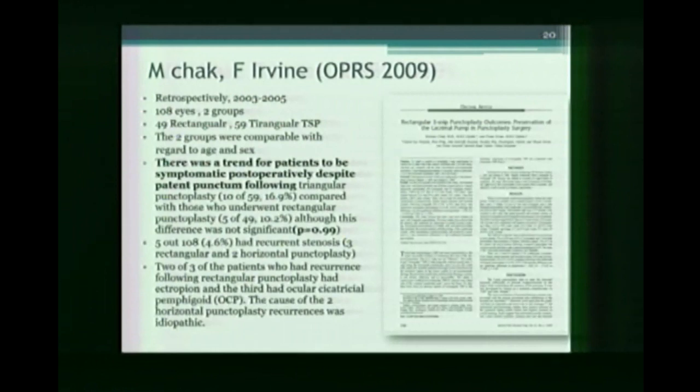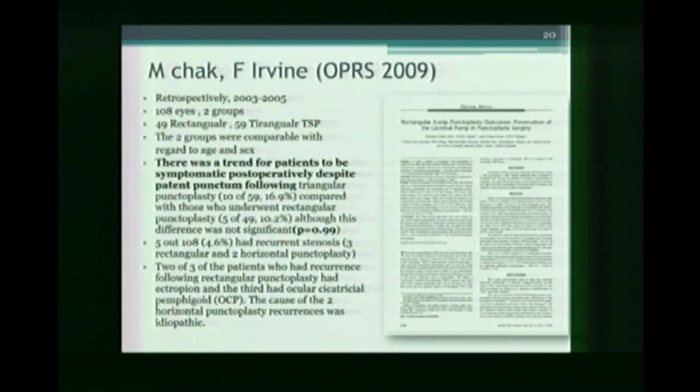Although they did not find a statistically significant difference in the success rate between the two groups, they reported a trend for patients to be more symptomatic post-operatively despite a patent punctum following the triangular punctoplasty. Almost 17% with the triangular punctoplasty were still complaining of symptoms.